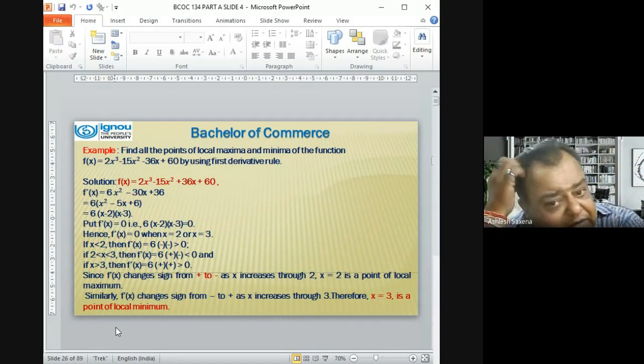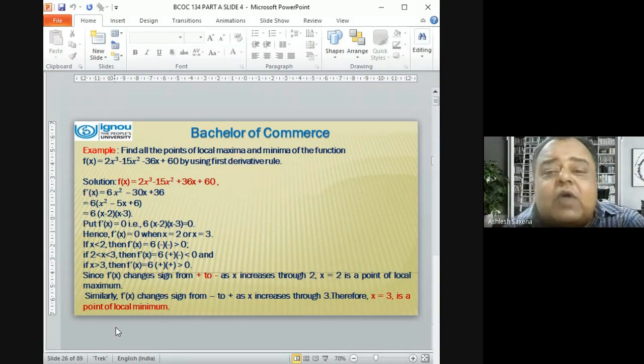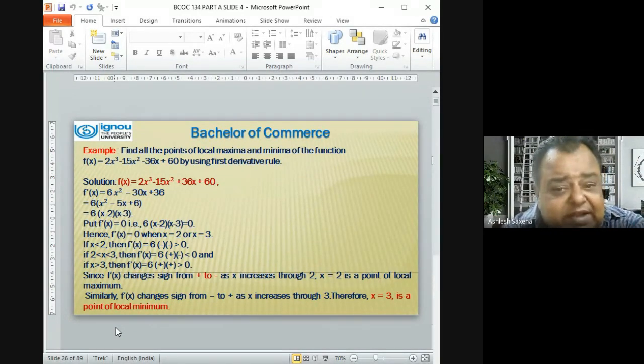Now we will find the points of local maxima and local minima for the function f(x) equal to 2x^3 minus 15x^2 minus 36x plus 60. First of all, what is the method? We will find its derivative. Its derivative is 6x^2 minus 30x plus 36.